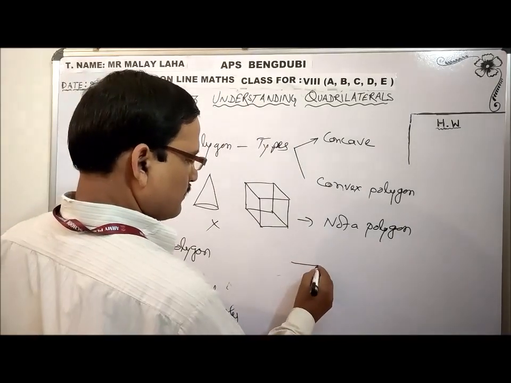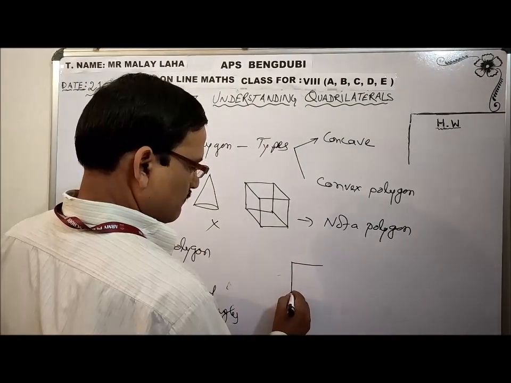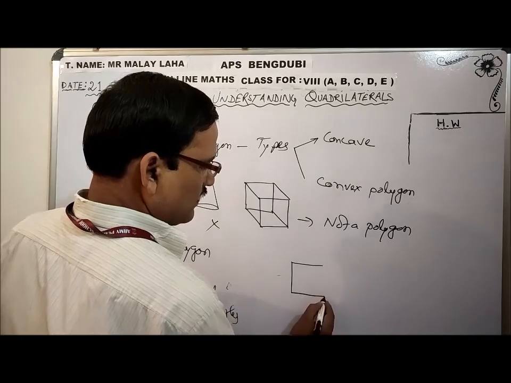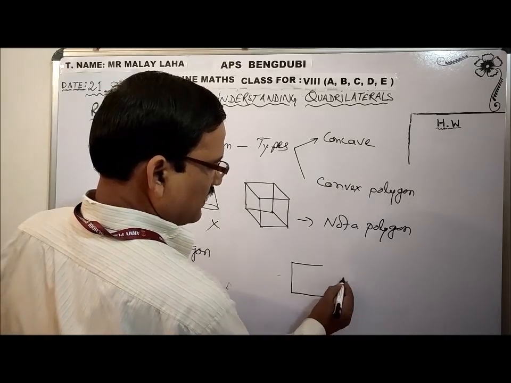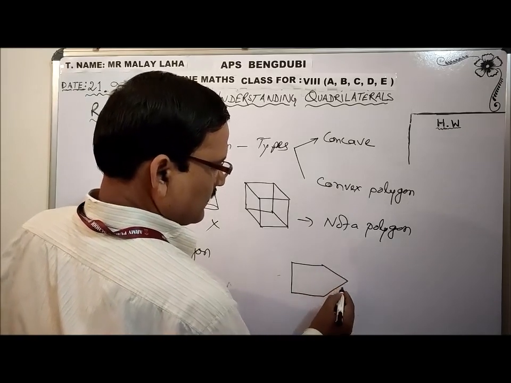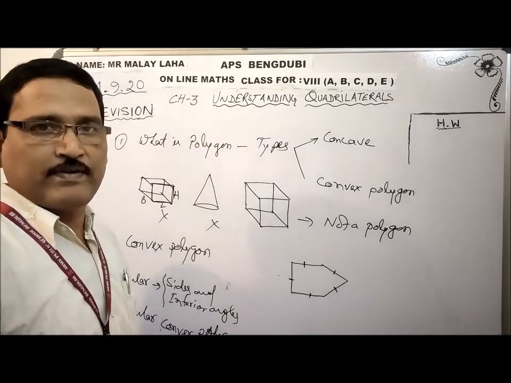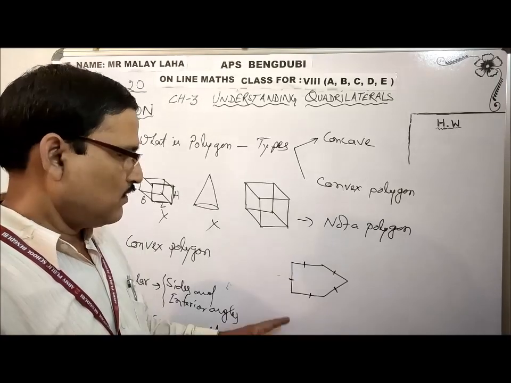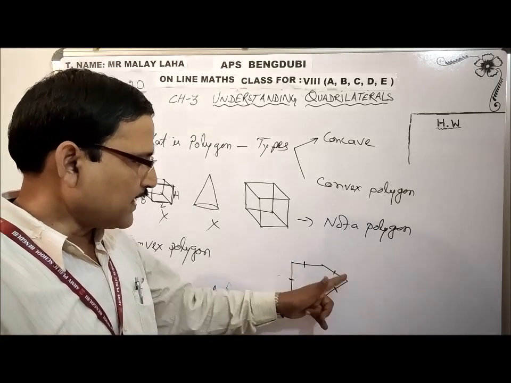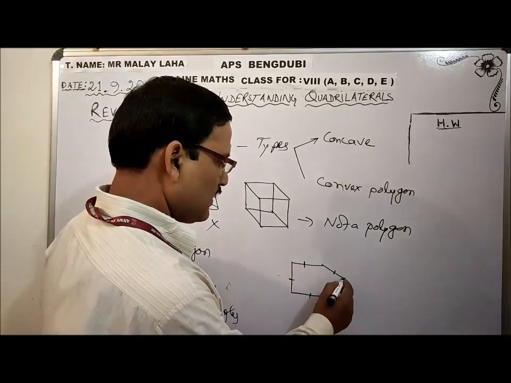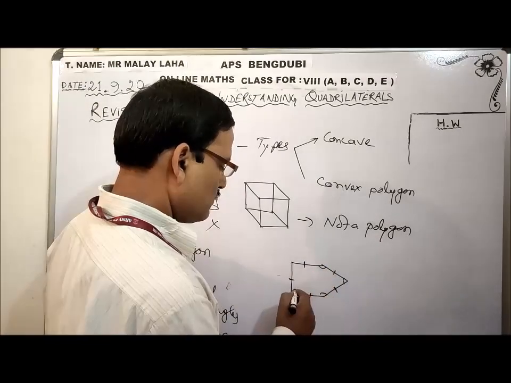You see, all sides are equal. Now if I draw from here, this side, this side, this side, this side, this side, it is a 5-sided figure, a pentagon. I will come to that part also. All sides are equal, but all angles are not equal.